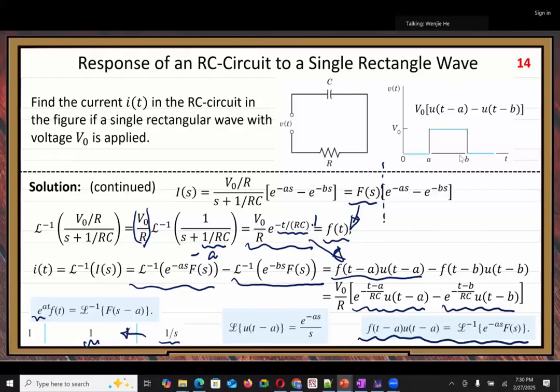Then you calculate inverse Laplace before the shifting operation. After that, you apply the right shifting theorem to get a final answer.